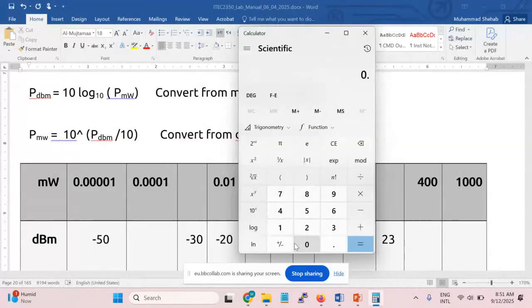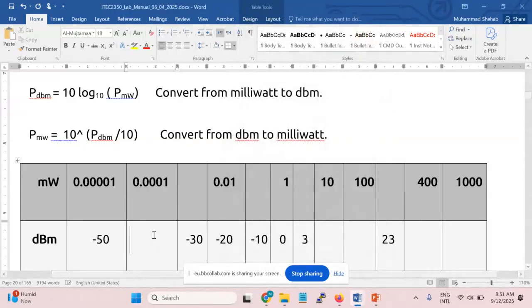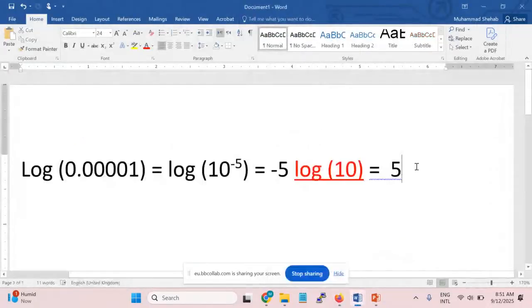Let us do this one: 0.0001. Log of 0.0001, how much does it equal? Minus 4, times 10. So the result is minus 40 dBm. You can see it here. Let us do it in Microsoft Word, step by step.